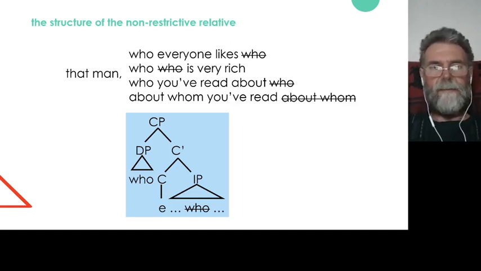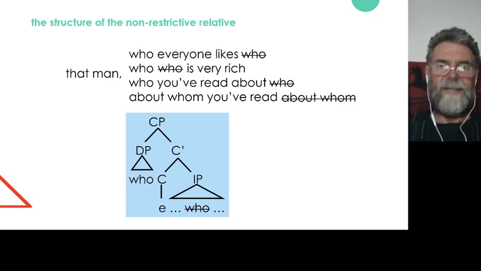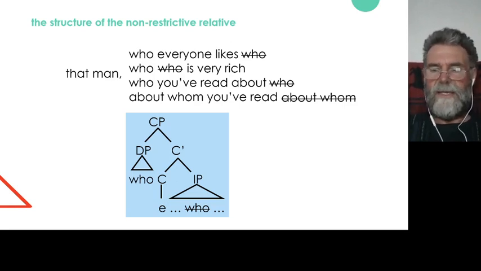There's not much more to be said about that, because we've said everything there is to be said about that when looking at interrogative clauses. The only thing to note is, however, that obviously relative clauses aren't interrogative. They don't ask questions. These are declarative clauses which contain a WH phrase which isn't an interrogative phrase.